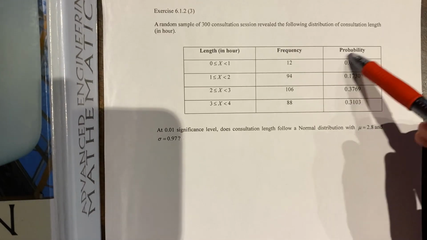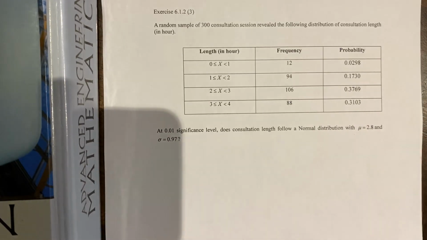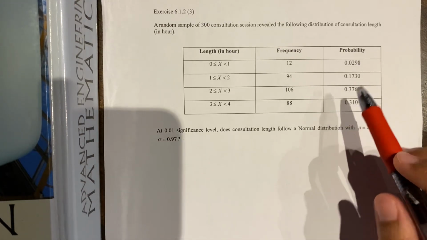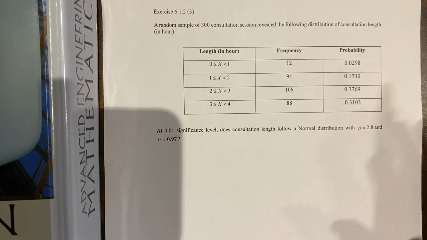So in this case, I just put the probability here. No need to worry about the probability, it is already given in your question if you have this kind of question.